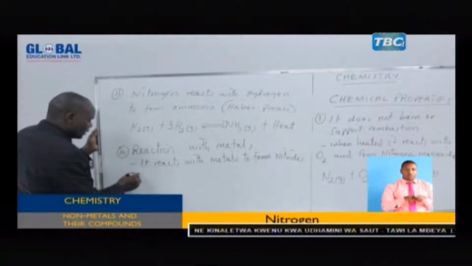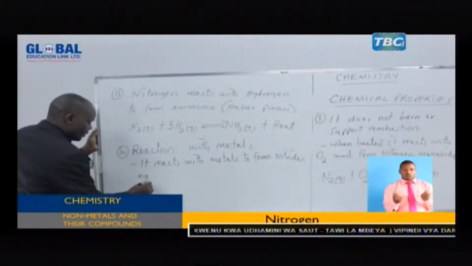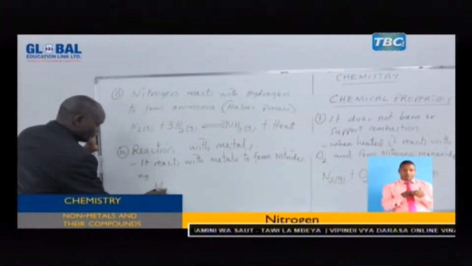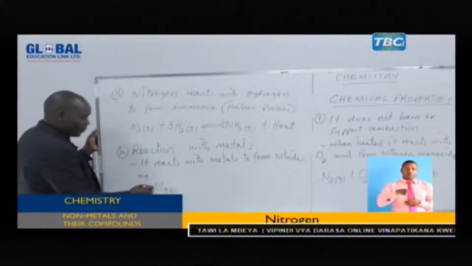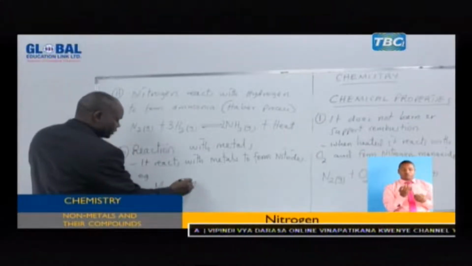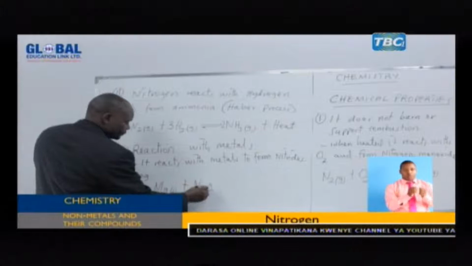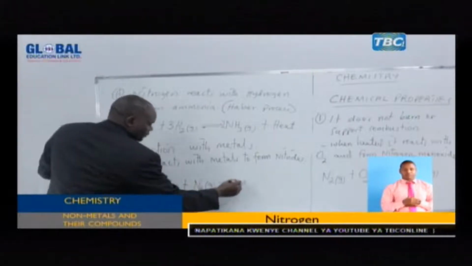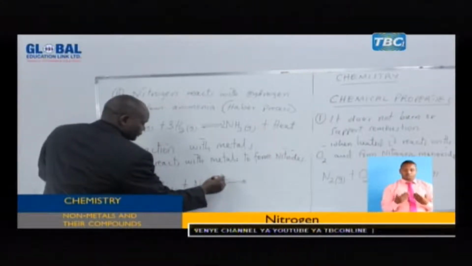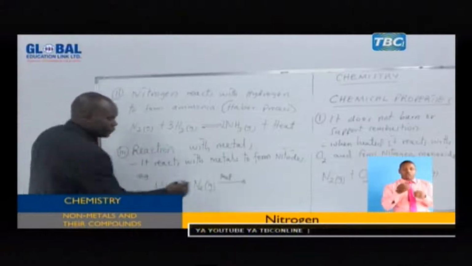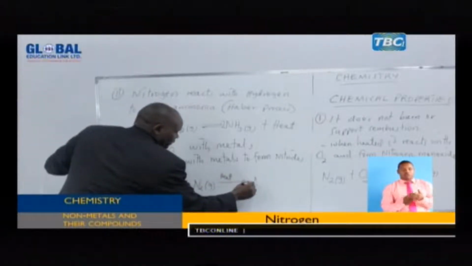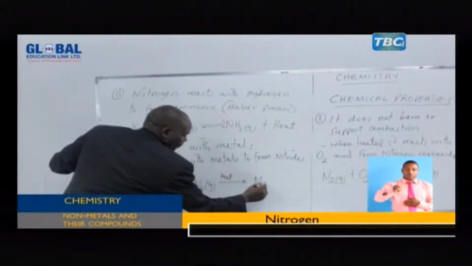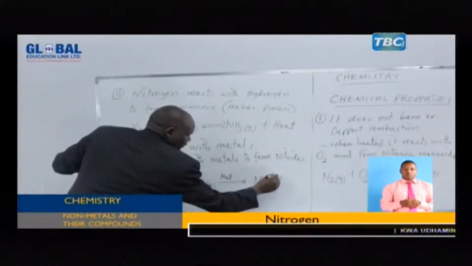Taking an example of magnesium, which is solid, when reacted with nitrogen gas and strongly heated, they result in the formation of magnesium nitride.